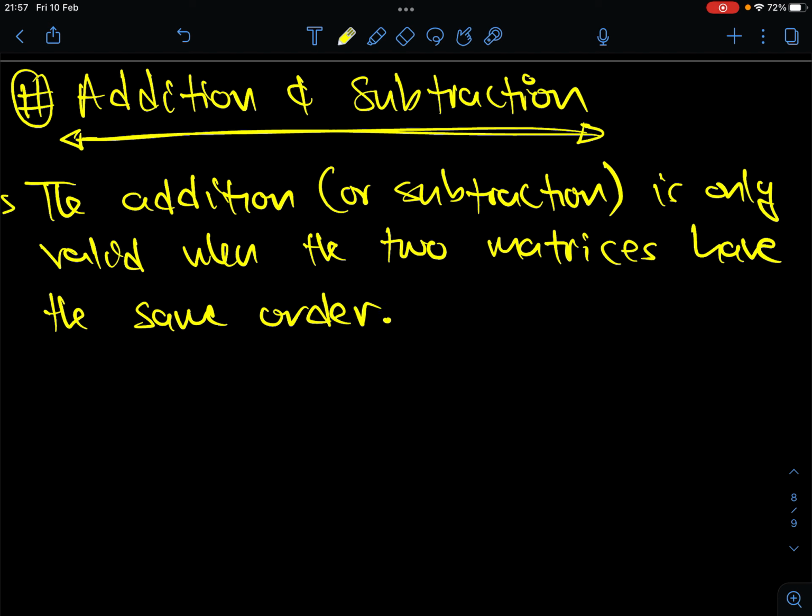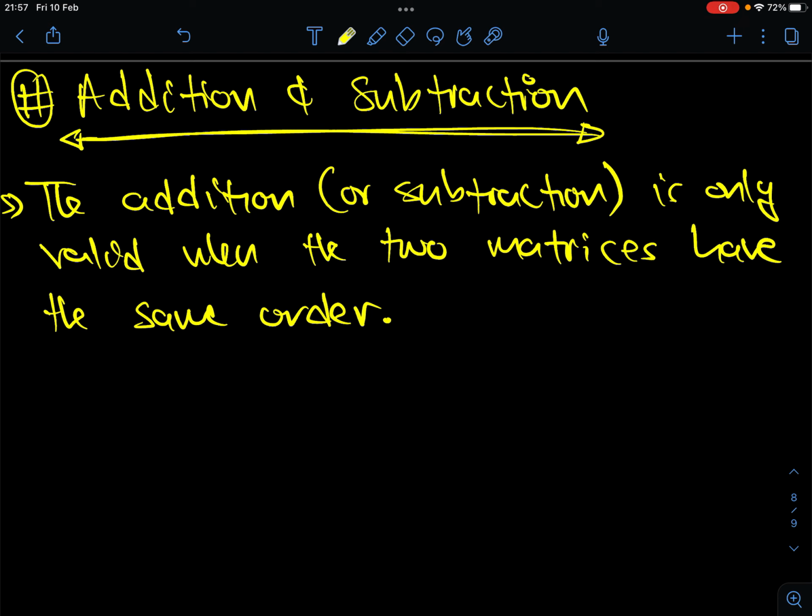One of the things that you should know is that addition and subtraction has restrictions; it is not something that you can do with any two arbitrary given matrices. It can only work when the two matrices that you want to add or subtract have the same order. So if the order is different, then it's an invalid operation. It cannot be performed in that case.